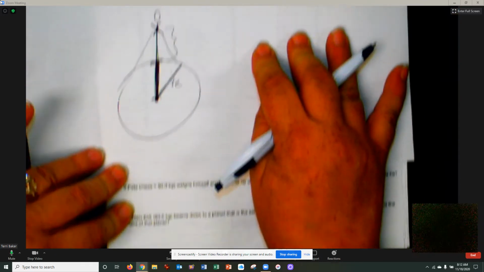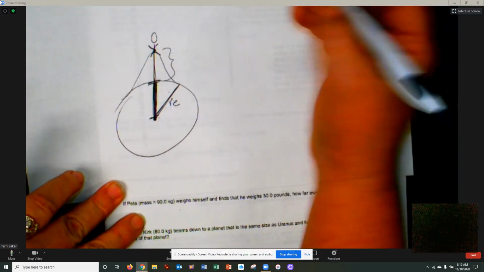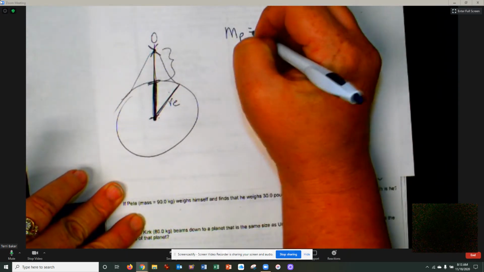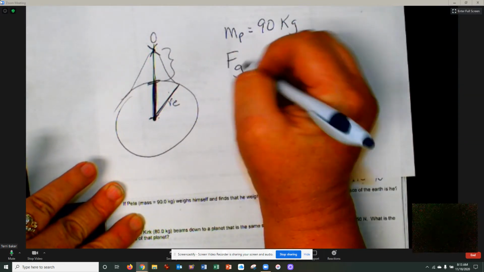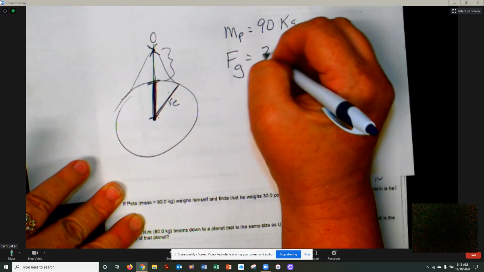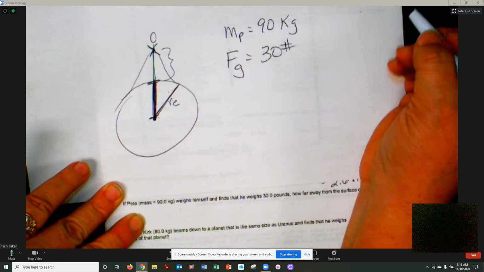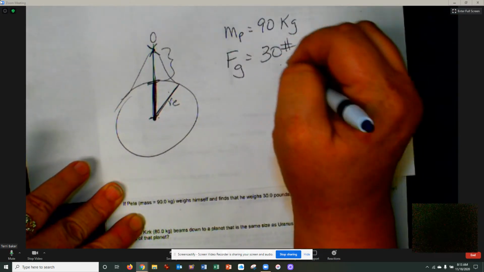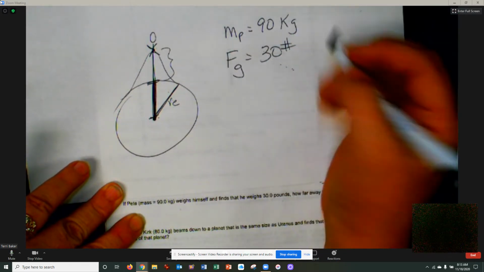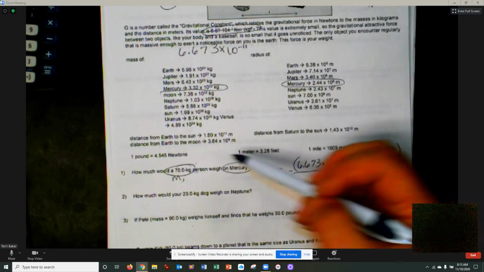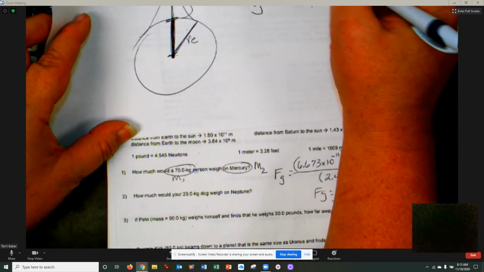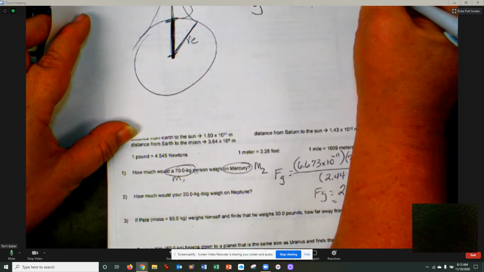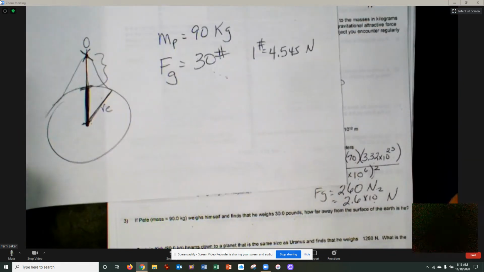One of the problems they gave us, though, is they gave us Pete's mass. Pete's mass is 90 kilograms. No sweat. The F of G, or how much he weighs, they gave us as 30 pounds. Well, it has to be in newtons. It cannot be in pounds to plug it in. On the piece of paper up top, it gives us a conversion factor. 1 pound equals 4.545 newtons.